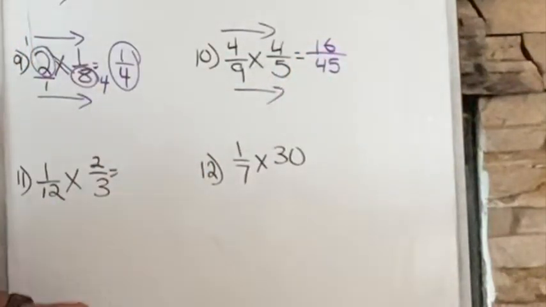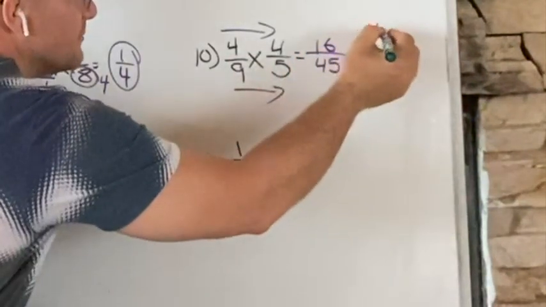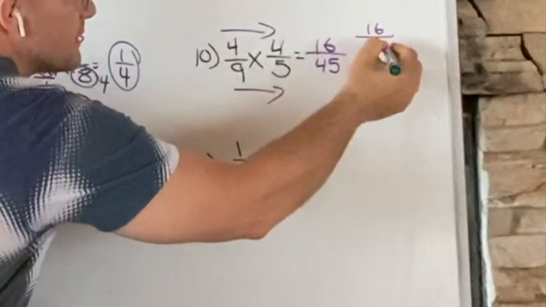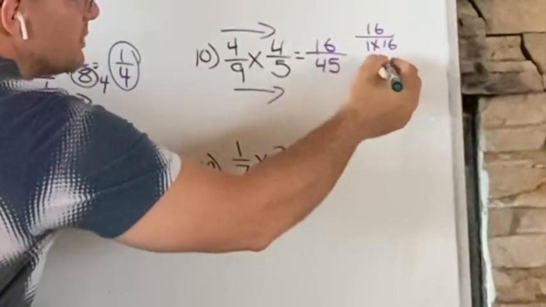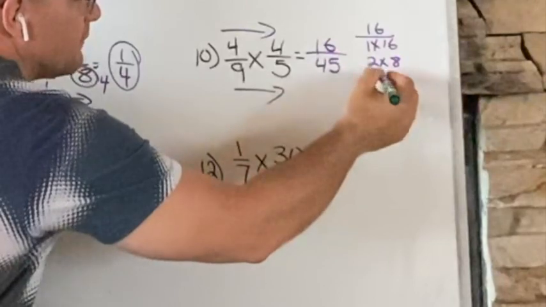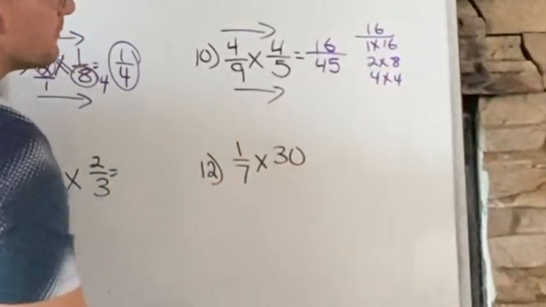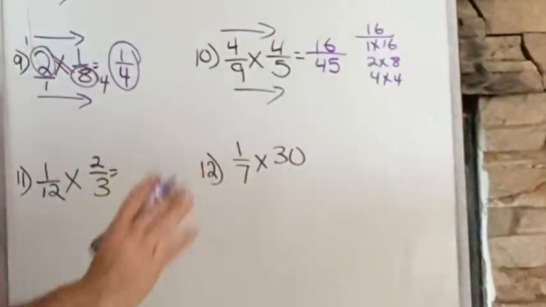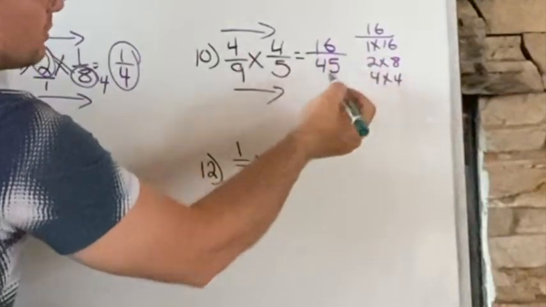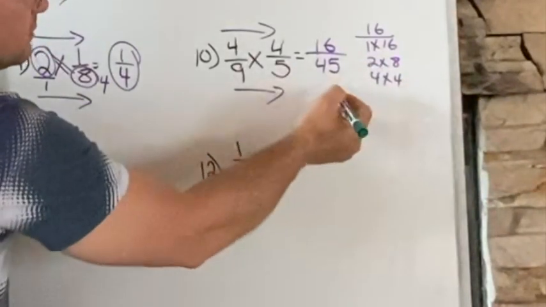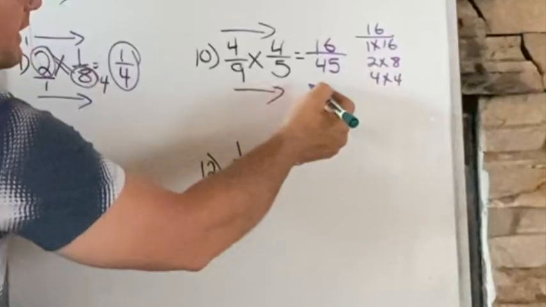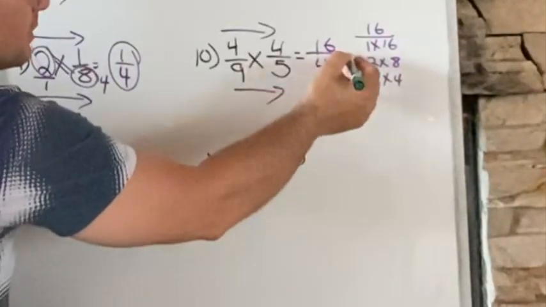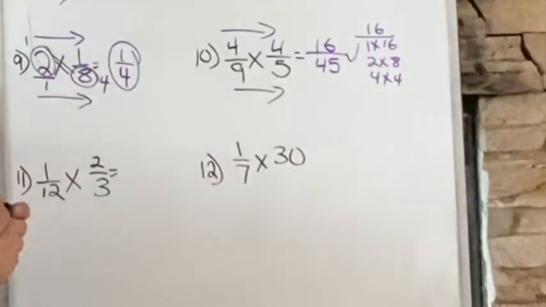Now I want to see if I can do anything. So I'm going to take my 16. I'm going to go 1 times 16, 2 times 8, and 4 times 4. It's the smaller number, so that's all I need to do. Can 16 go into 45? No. Can 2? No. Can 8? No. Can 4 go into 45? No. So we're done. Beautiful.